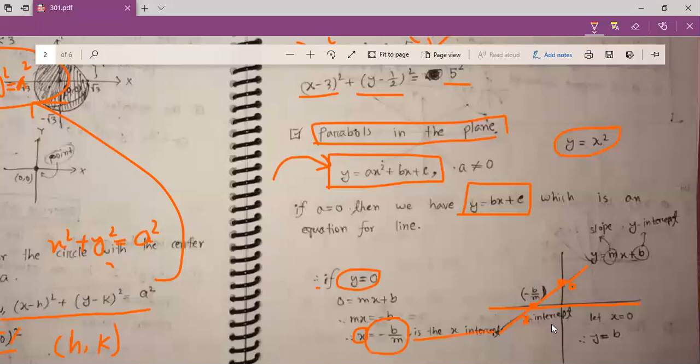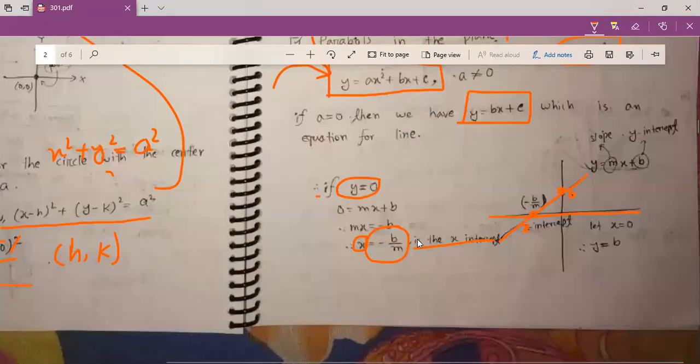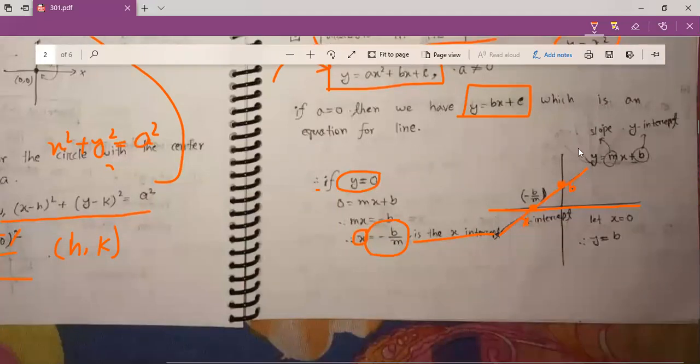So how do we find the x-intercept and y-intercept? It is very simple. To find the x-intercept, we have to input the value of y equal to 0, because for every point on the x-axis, the value of y is equal to 0.